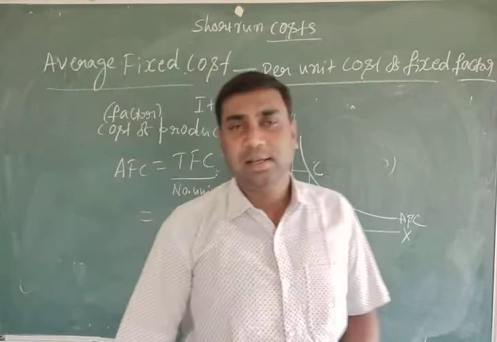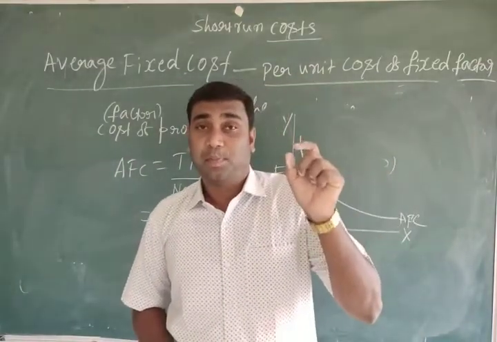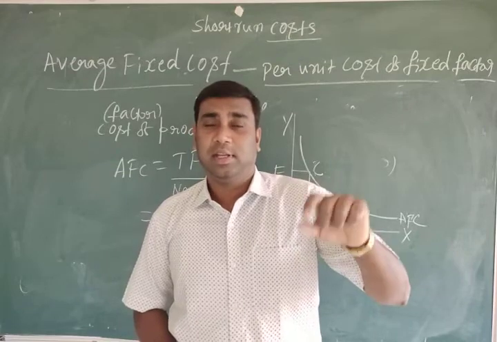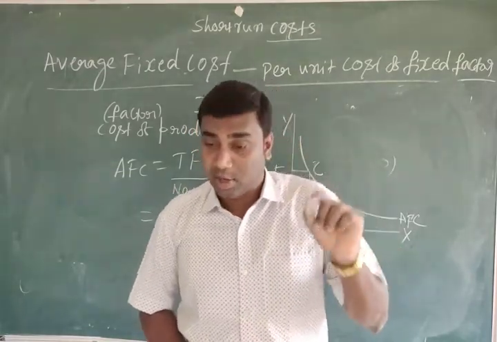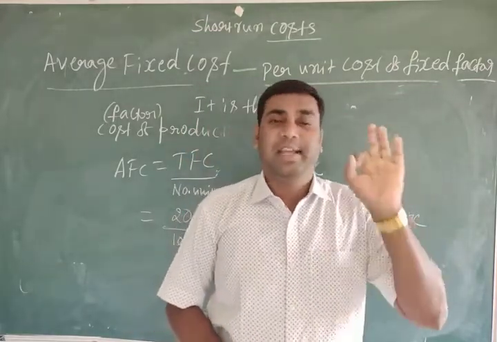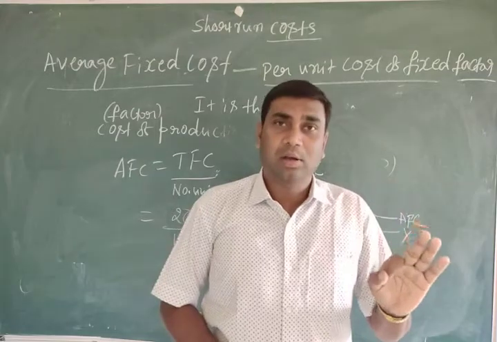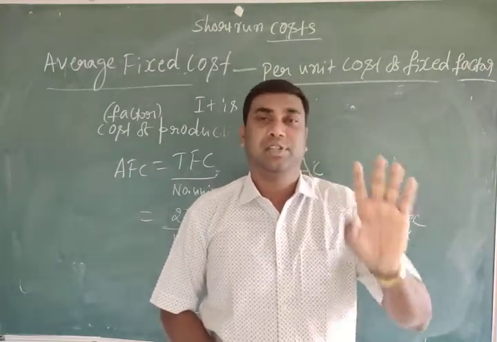So you have to understand, average fixed cost is nothing but the per unit cost incurred on a fixed factor. How much is expensed on the fixed factor to produce a commodity. So that is average fixed cost.